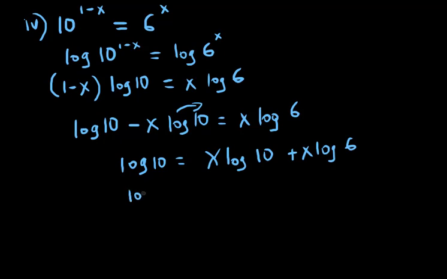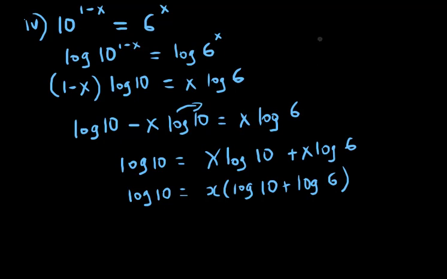So that would be log 10 is equal to, so we can factor out the x, so that we have log 10 plus log 6, like that. And then we know, remember the first rule that we had, that we can write this as a product.